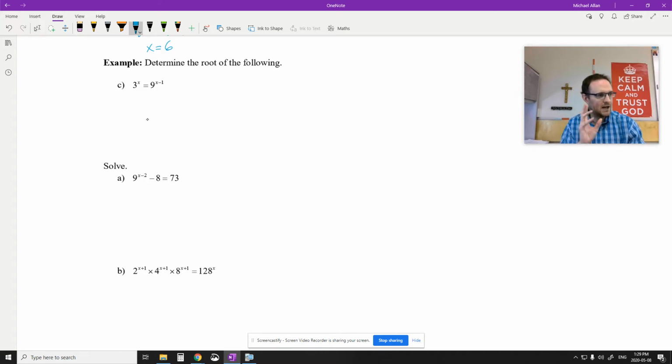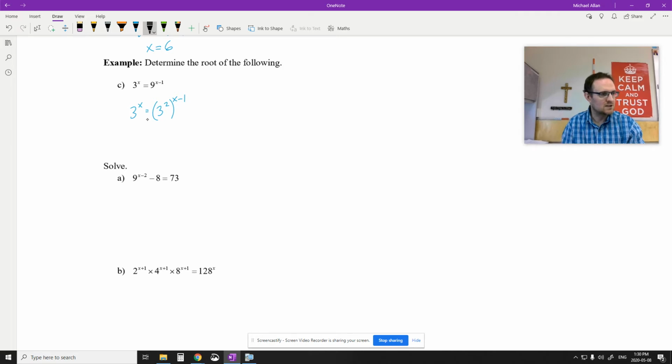You're going to isolate for each power on either side of the equation, then change the bases just like we did. So this would be 3 to the x. I'm just going to leave that one alone. I'm going to change the 9. Remember, you always change the bigger one to a smaller base. So 9 is 3 to the power of 2. I just know 3 squared is 9.